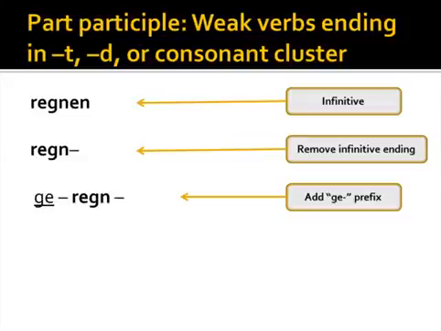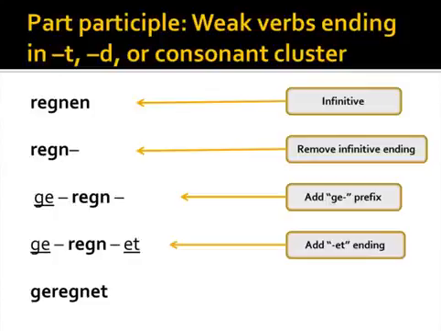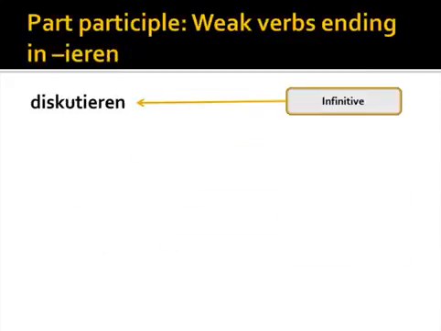So to make this a bit easier, what German does in situations like this, where the stem ends in a t, a d, or a specific consonant cluster, is add an et to it. So we get the very pronounceable geregnet.